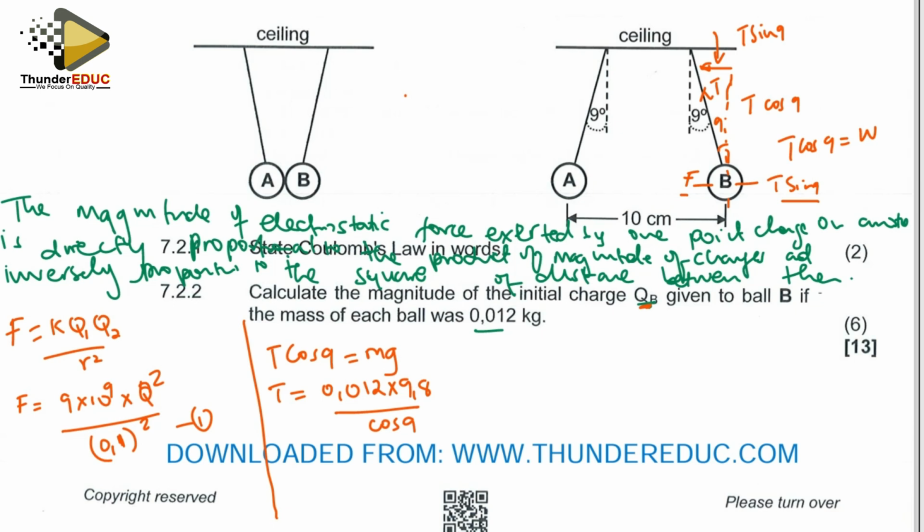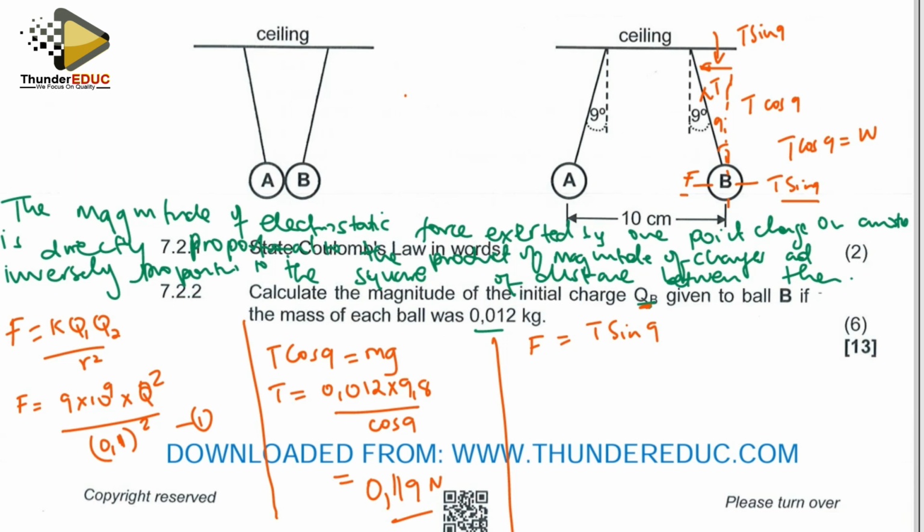Okay, then what answer do I get here? So 0.012 times 9.8, dividing this by the cos of 9. This gives me 0.119 newtons. Okay, then I'll go to the horizontal part and say, but my F is the same as T sine of 9.